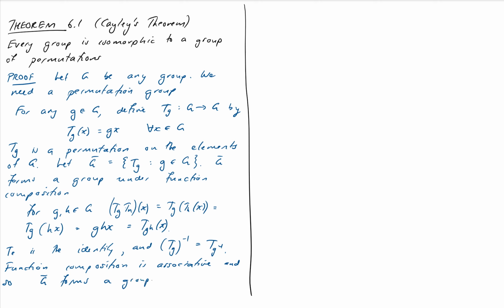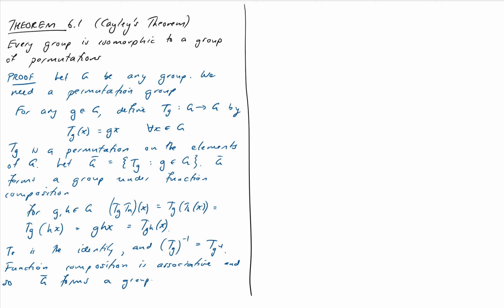We've shown that it's closed, our operation is closed. When we multiply them together, we get this one here. So our operation is a binary operation on this set. T_e is quite clearly the identity, and the inverse of T_g is T_g inverse. Likewise, we have associativity built in because function composition is always associative. Therefore, the G bar that I've set up is definitely a group under function composition.